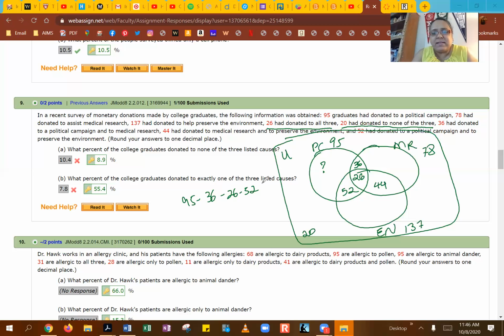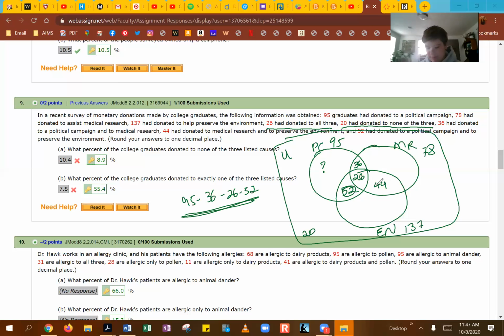Okay, I think this is why you are getting the negative answer here, because in these numbers over here with the 36, 52, and 44, we will also need to subtract the 26 from those. So you will need to do these calculations here.